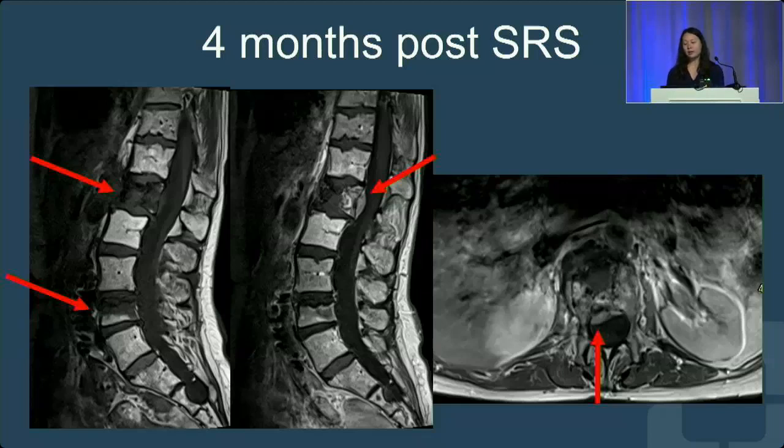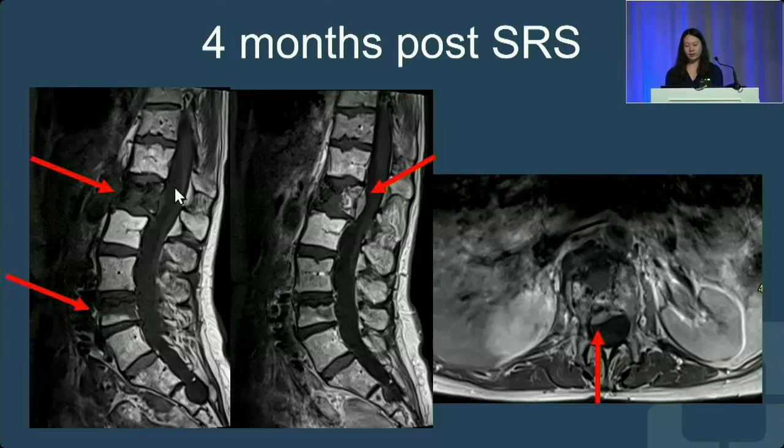So one thing that we have been trialing at our institution, and is probably available at other institutions, is the use of DCE, dynamic contrast enhanced perfusion imaging of the spine. And sometimes that can be very helpful in helping us determine if a fracture is due to tumor progression versus treatment changes from SRS.